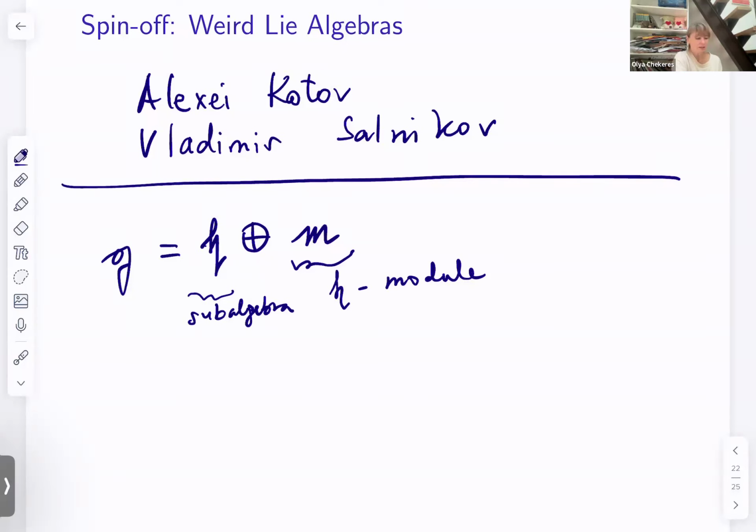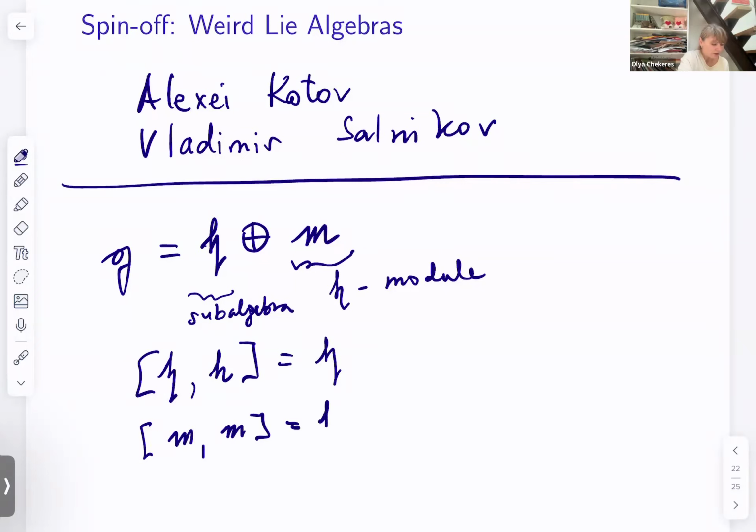It is not a subalgebra. And then the commutators work in this way. The commutator of H and H closes in H, since this is a subalgebra. The commutator of M and M closes in H, and the commutator of H and M is in M.